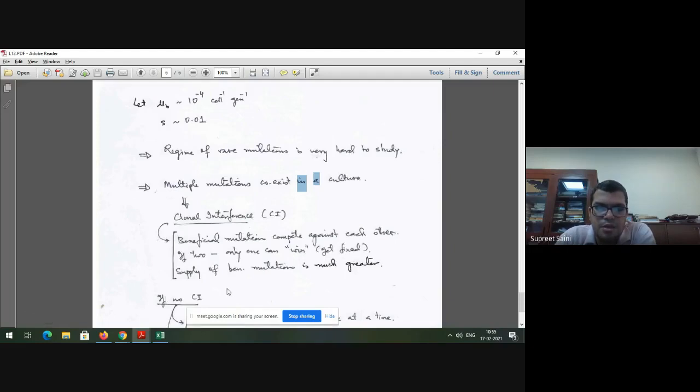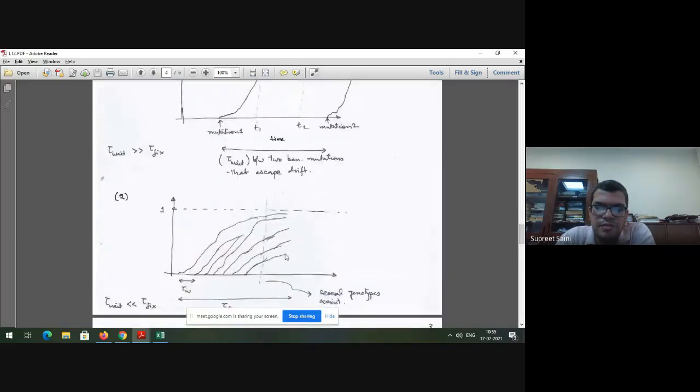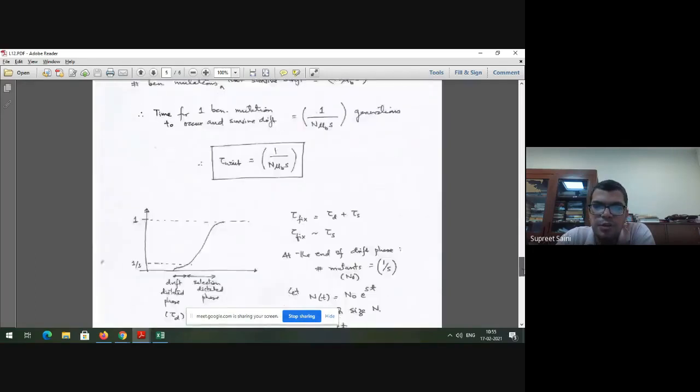So in a regime like this, all these beneficial mutations are competing against each other, and only one of them can win. All the other beneficial mutations are going to get lost.